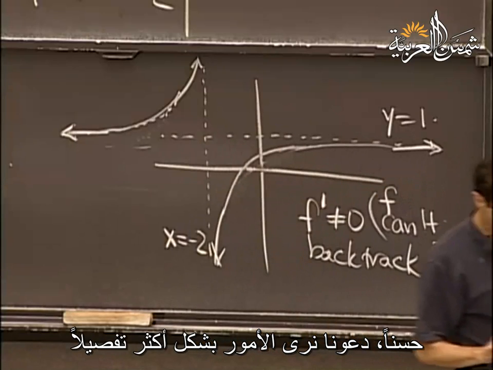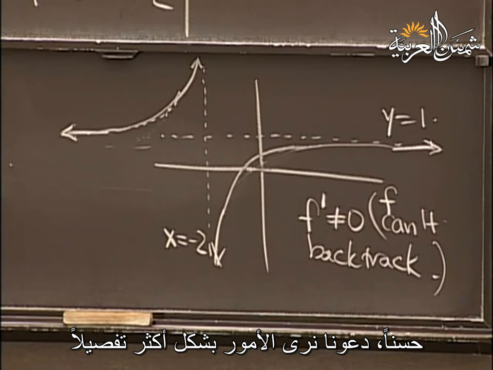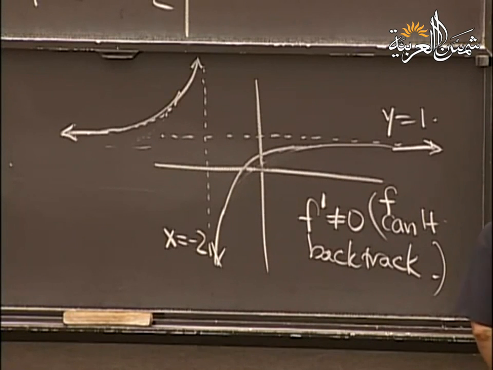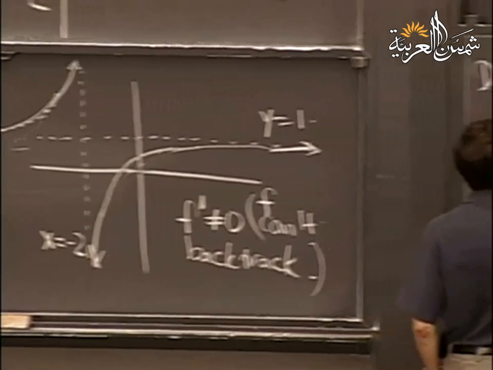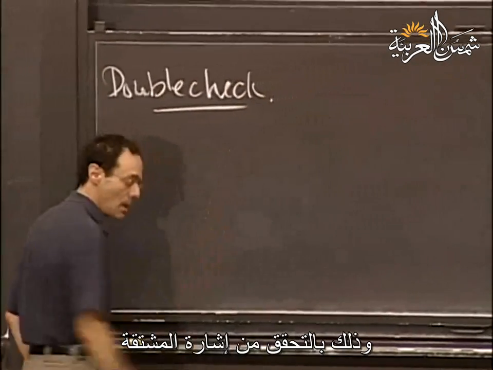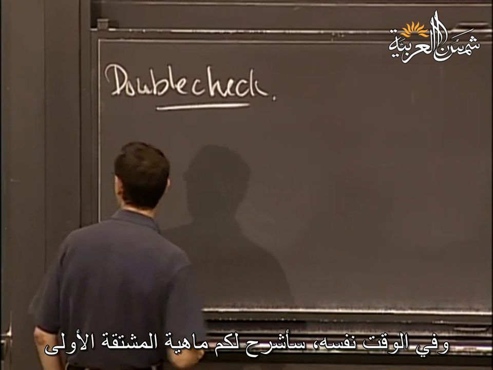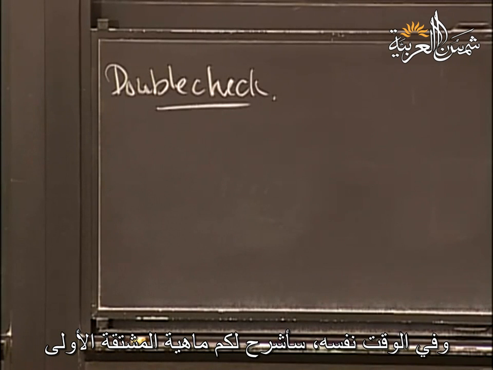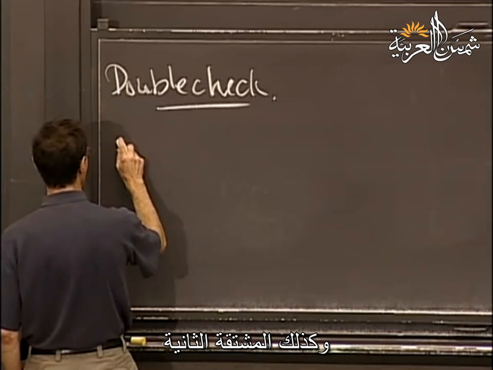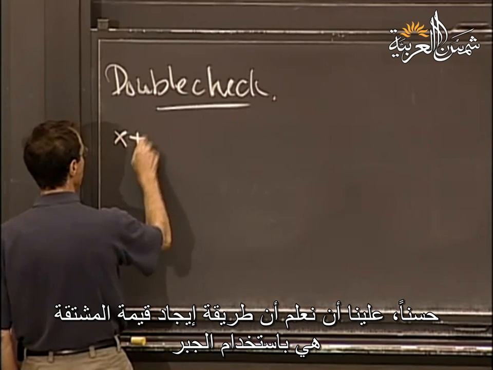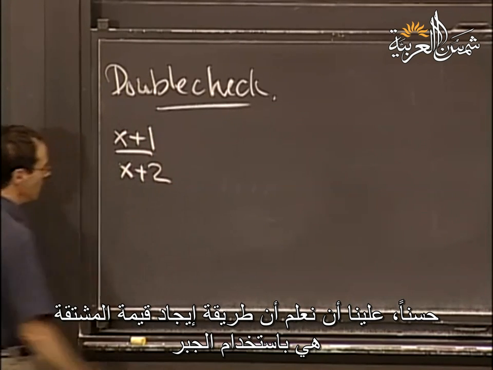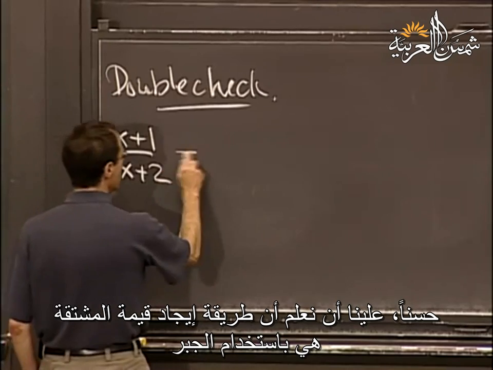Now, let's just take a look in a little bit more detail by double checking. So we're just going to double check what happens to the sign of the derivative. And in the meantime, I'm going to explain to you what the derivative is and also talk about the second derivative. So first of all, the trick for evaluating the derivative is an algebraic one.